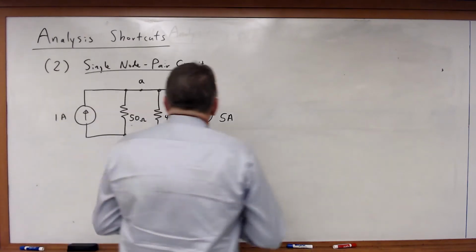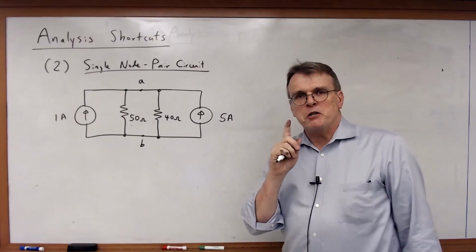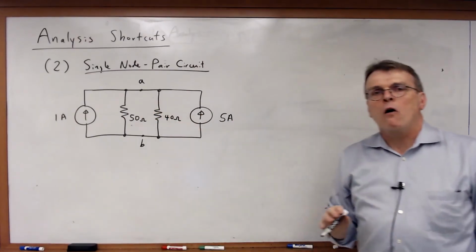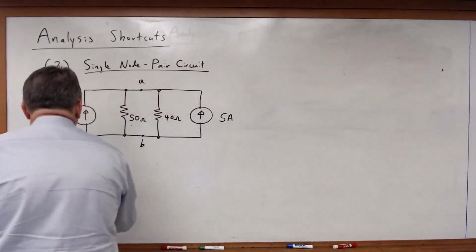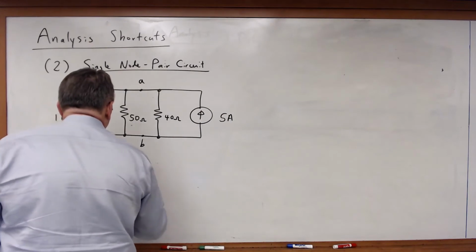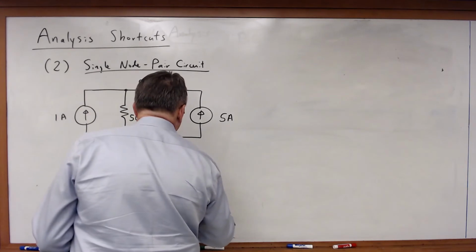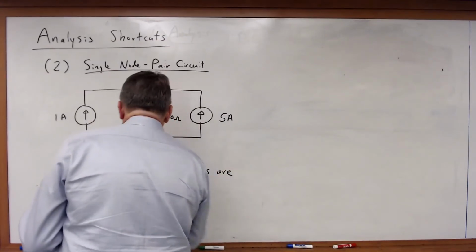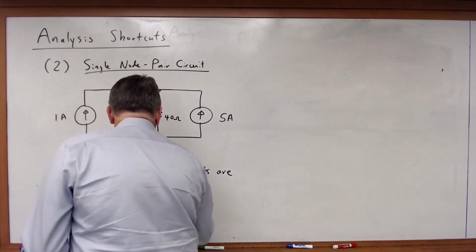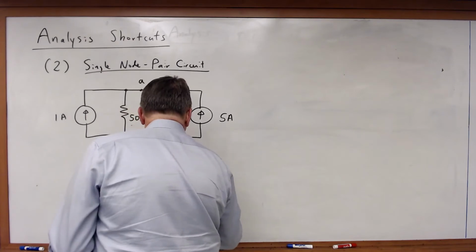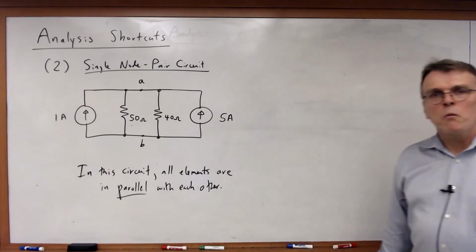Okay? Now, the reason why I drew this is because this illustrates another definition. In this circuit, all of the elements are in parallel with each other. So what does parallel mean?